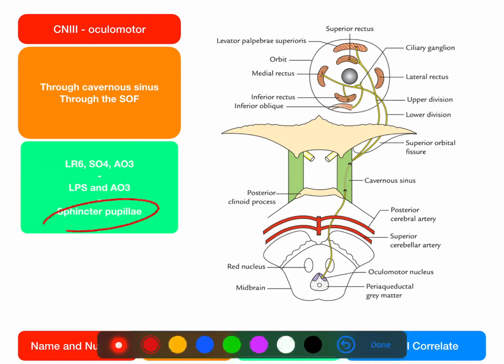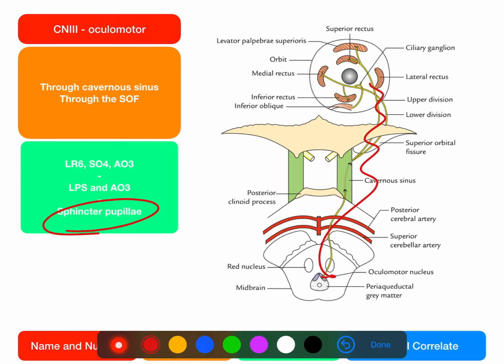The other thing is that it innervates the sphincter pupillae muscle, the thing that makes your pupil smaller. We won't go into the pupillary light reflex, but rest assured that cranial nerve 2 detects light and sends it to your midbrain, and cranial nerve 3 comes out of the midbrain here, goes through ganglia and stuff that you don't need to know about, and then goes straight to that sphincter to make your pupil smaller.